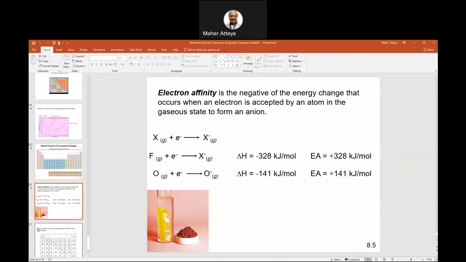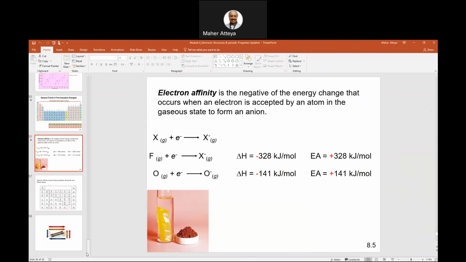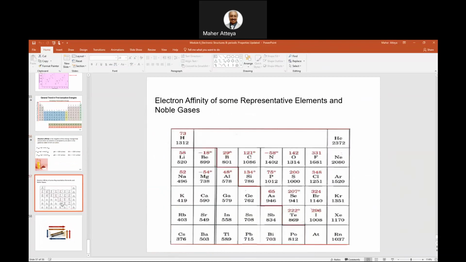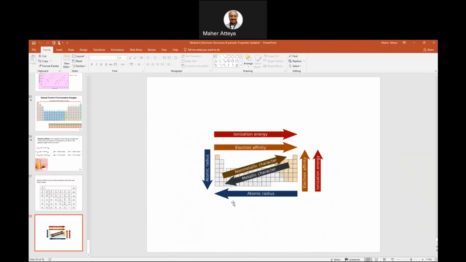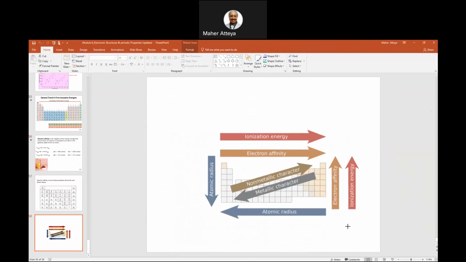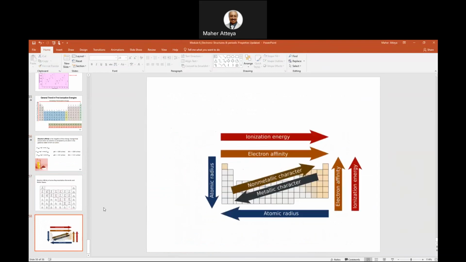But the behavior of them is the same. So that's the difference between them. Electron affinity increases from left to right and decreases from top to bottom. And here is the key. I want you to really spend some time with this, because this is what we just talked about.